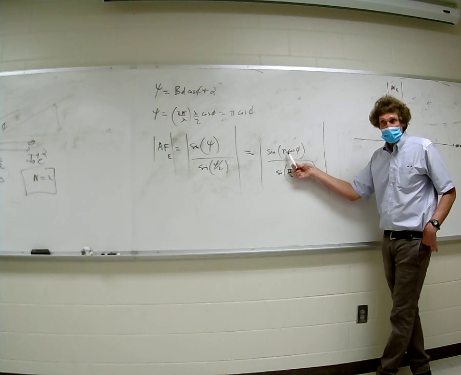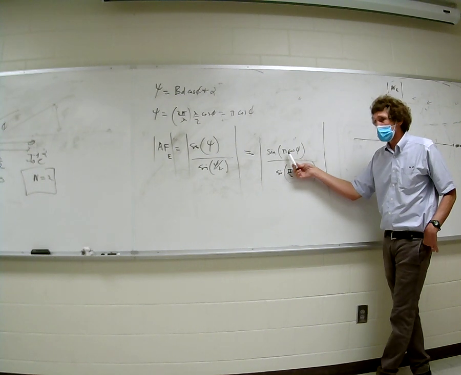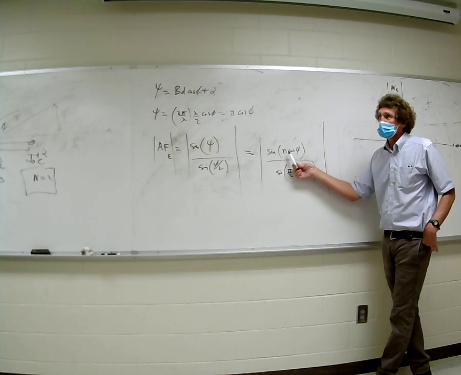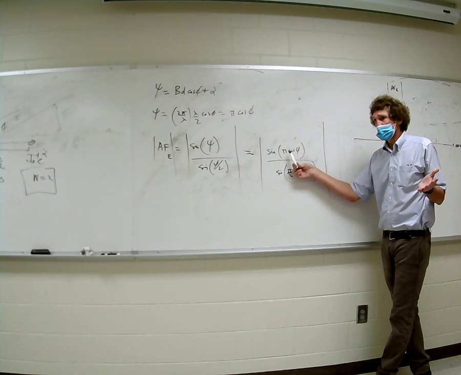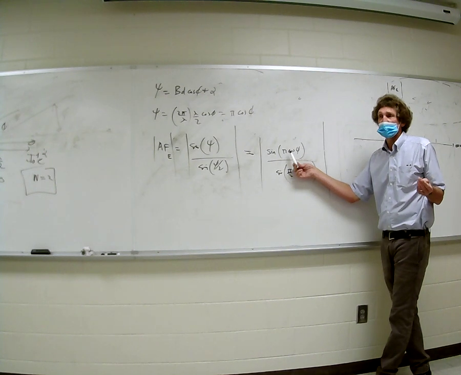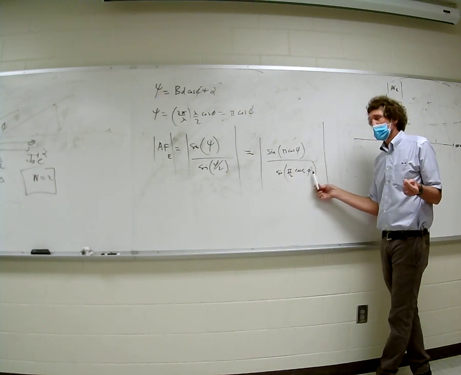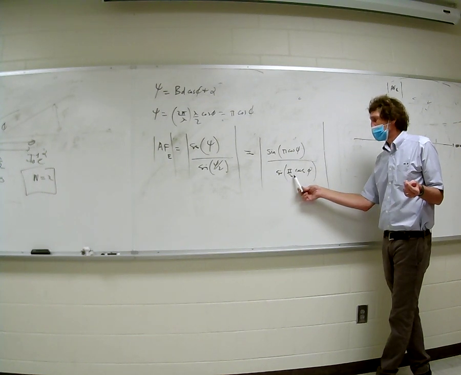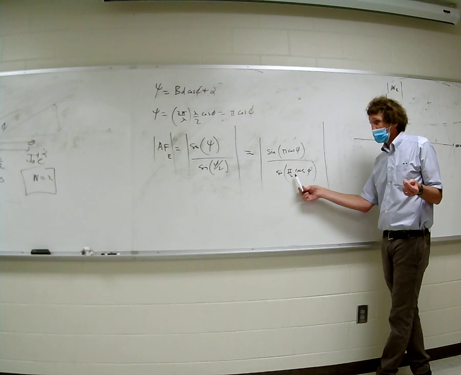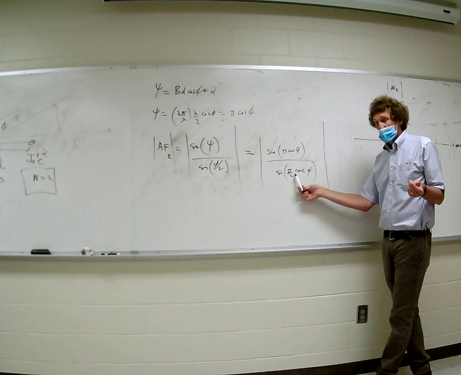Somewhere between 45 and 60, something like that. When I think about that, the sine has a value, about 0.866. Now what about down here? Cosine of 45 is 1 over square root of 2. Sine of pi over 2 divided by square root of 2 is less than 45. It's smaller, but it's still big.